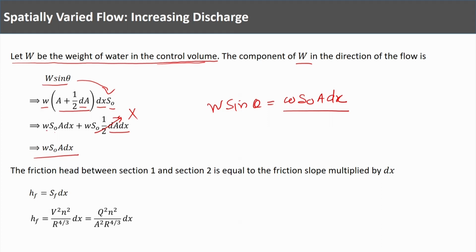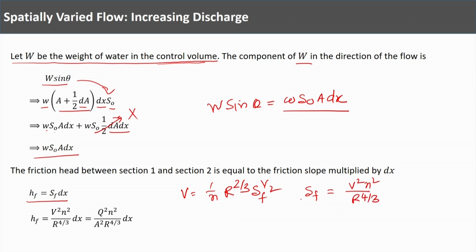And then, as we have mentioned already, the friction head between section 1 and section 2 is equal to the friction slope multiplied by dx. So I can write that HF equals SF into dx. SF I can calculate from Manning's equation. Manning's equation, as we know already, is V equals 1 by n R to the 2 by 3 S to the half, so I can write SF equals V square n square over R to the power 4 by 3.